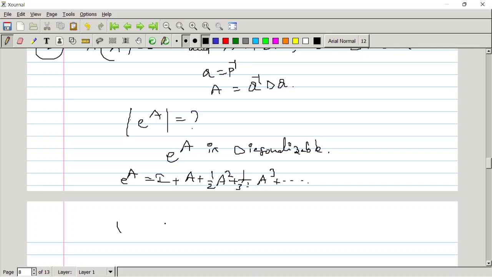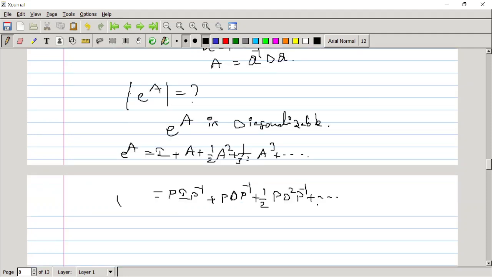That means for each matrix we can write I as P I P inverse, plus A as P D P inverse, plus 1 by 2 times P D square P inverse, and so on. Like for A cube we will get P D cube P inverse.